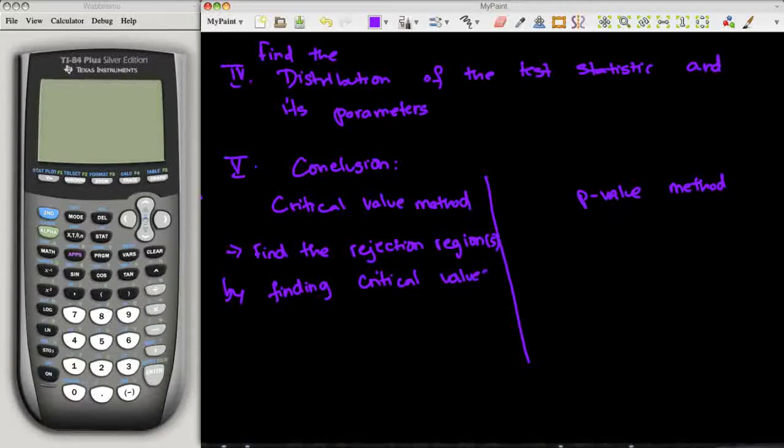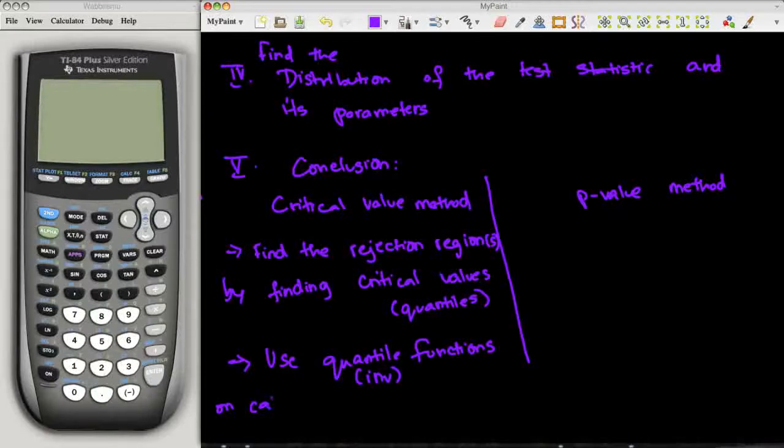Critical values are quantiles. And if you're going to use a calculator, you will make use of inverse functions. Use quantile functions, which are nothing but inverse functions on calculator or software.